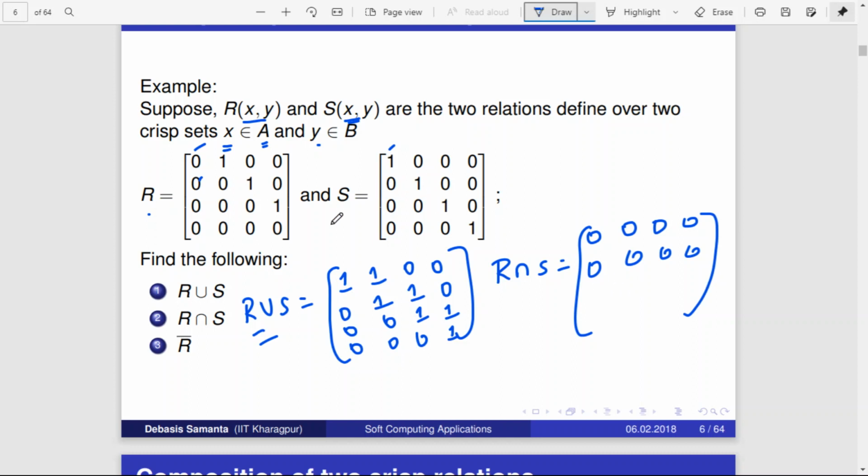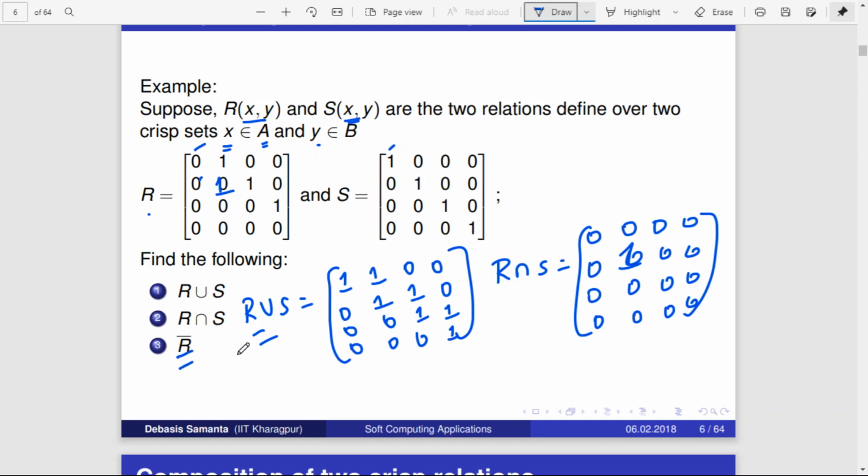So in this case everything will be 0. But say for example this is a 1. Let us assume this is a 1. Then this 1 and 1 will be 1, so this position will become 1. So basically it takes the minimum value, right?